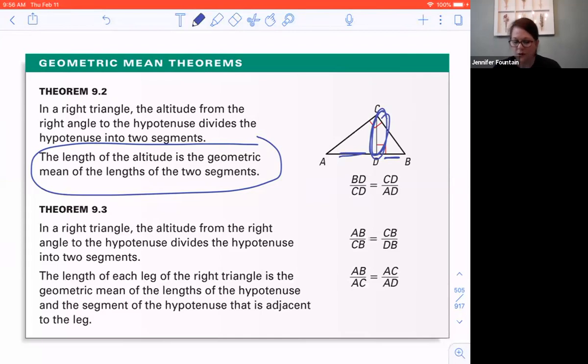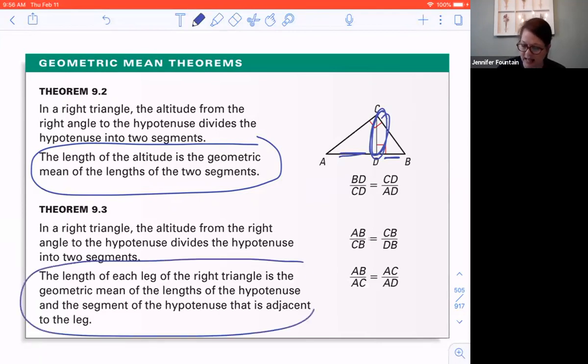9.3 says in a right triangle, the altitude from the right angle to the hypotenuse divides the hypotenuse into two segments. So the length of each leg of the right triangle is the geometric mean of the lengths of the hypotenuse and the segment of the hypotenuse that is adjacent to the leg.